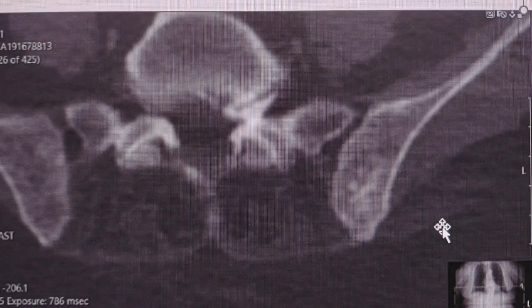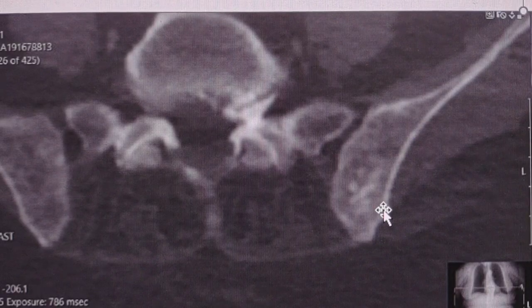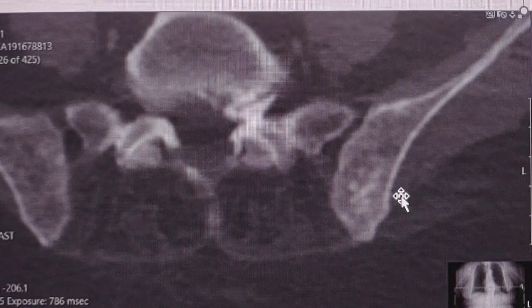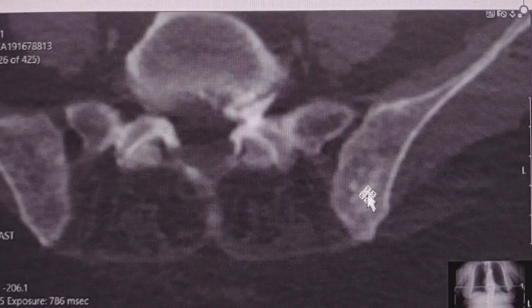I have in my archive a similar case with another patient who presented for some reason, but as an incidental finding there was a similar lesion in the left iliac bone, but it was not mentioned in the report.